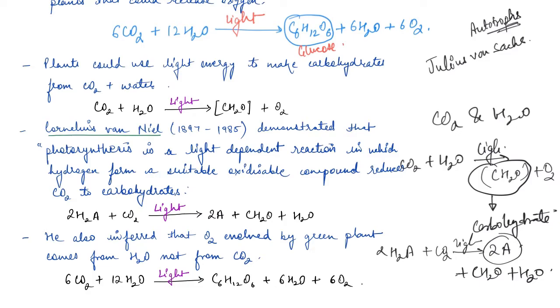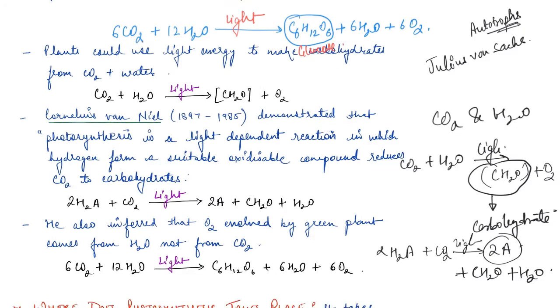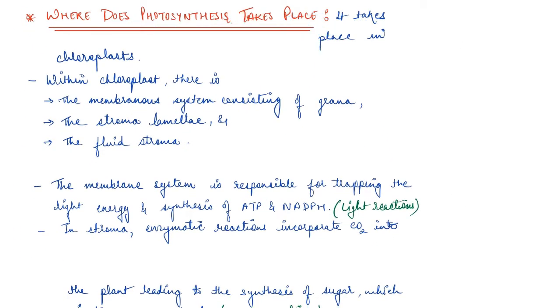Now, where does it happen exactly? In plants, it happens in the green leaf. We said that only the green part of a plant can perform photosynthesis. In plants, it takes place in chloroplasts.